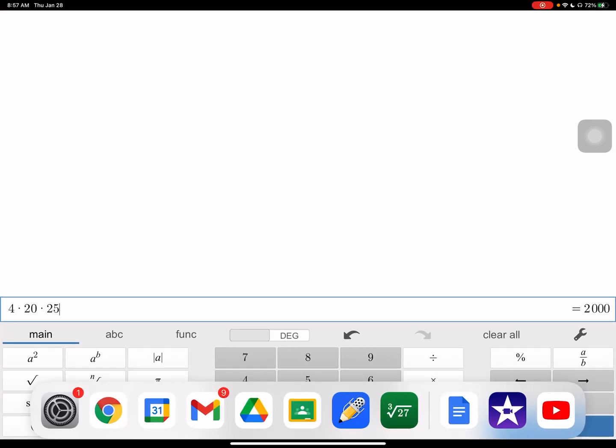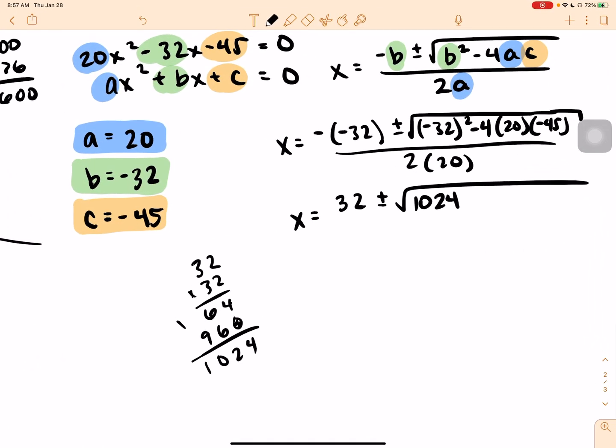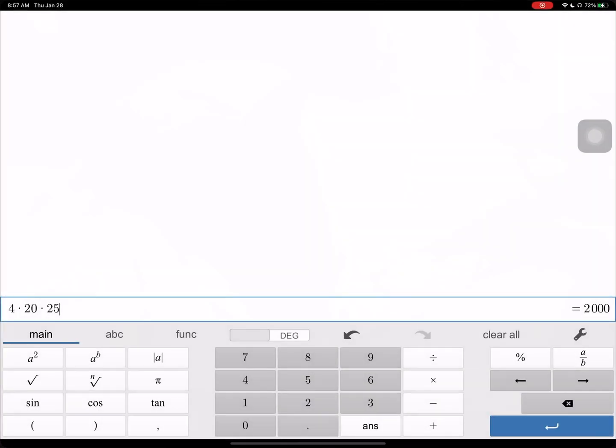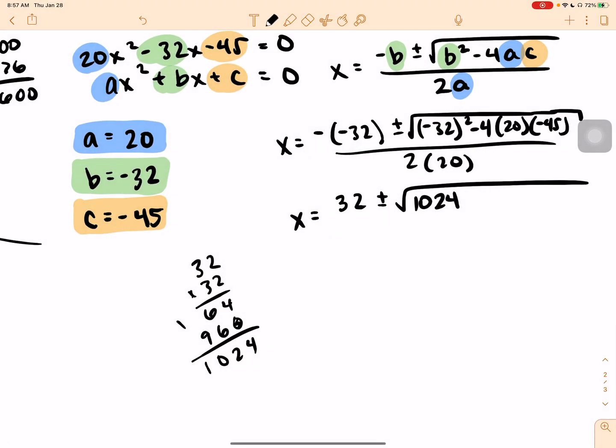Oh wait, was it 25 or, gosh, I always forget. 45, sorry about that. It's not 25, 45. 3,600, okay? So going back here, and since it was a negative 4 times 20 times negative 45, this is going to be plus 3,600. It's a positive. 2 times 20 is 40.